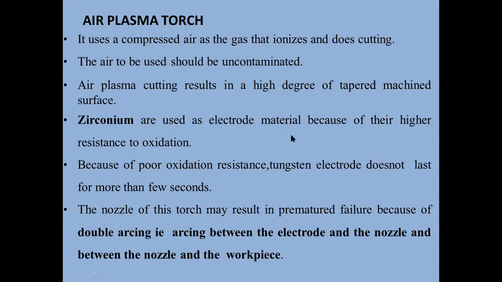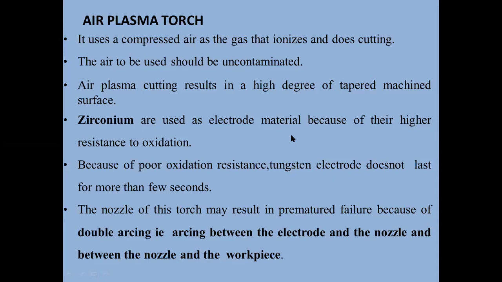Oxidation is nothing but reaction with oxygen to form oxides. Zirconium oxide formation is very difficult compared to tungsten oxide, so that's why zirconium is used in the air plasma torch. Because of poor oxidation resistance, a tungsten electrode does not last for more than a few seconds.